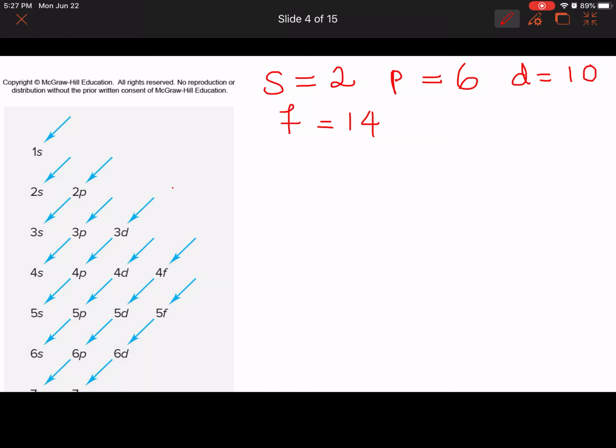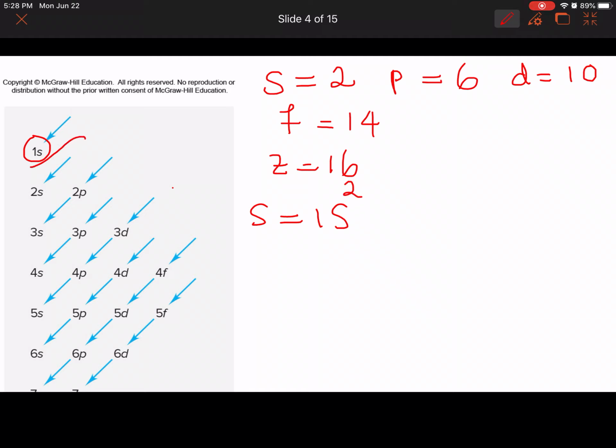Now we are looking at sulfur, atomic number 16. Now let's use this method to fill up sulfur's 16 electrons and see what the electron configuration is. Always the first one that's going to fill is the 1s. So for sulfur, the first one is going to be 1s, and s can hold maximum how many electrons? 2. Once you are done with that, you're going to go to the 2s.